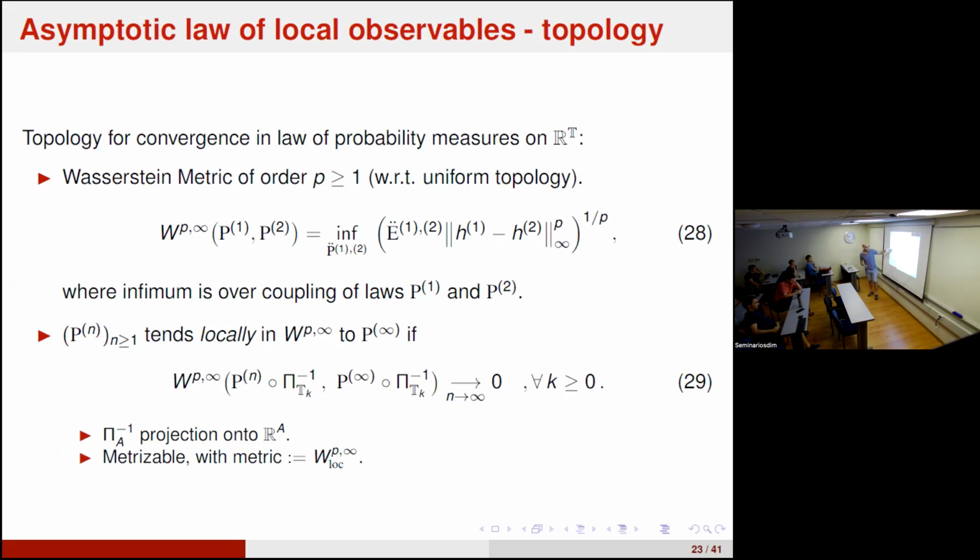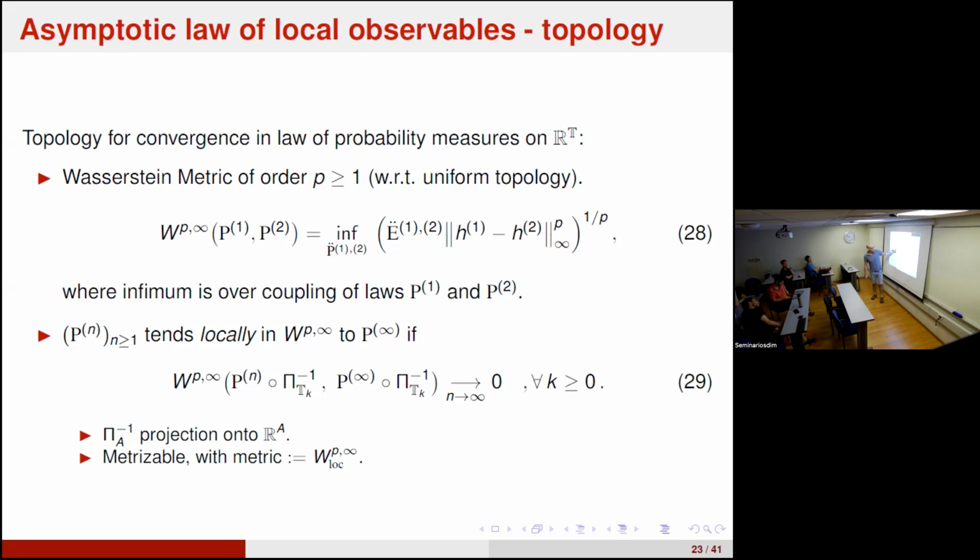I'm sure you know it. So the p-Wasserstein distance between two probability measures on the tree is going to be the expected value of the pth norm of the uniform distance between two fields under the best possible coupling between P1 and P2. I'll say this again. I'm taking probability distributions on fields.